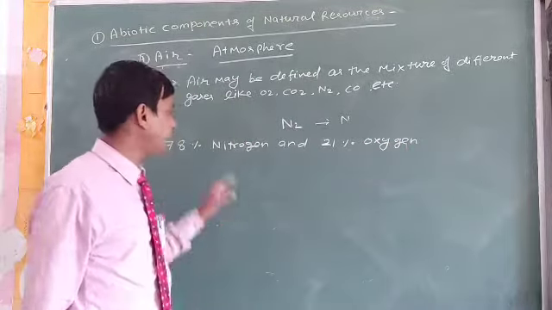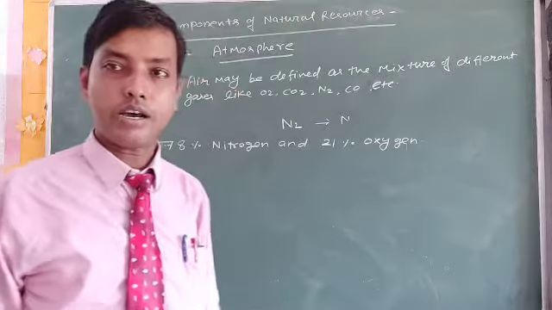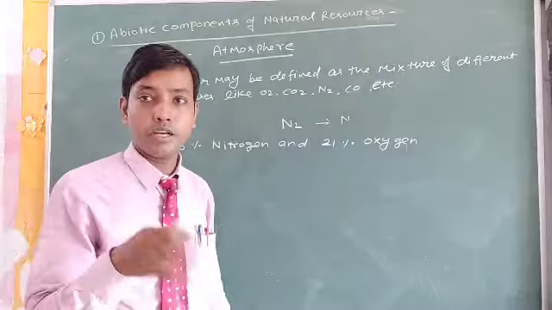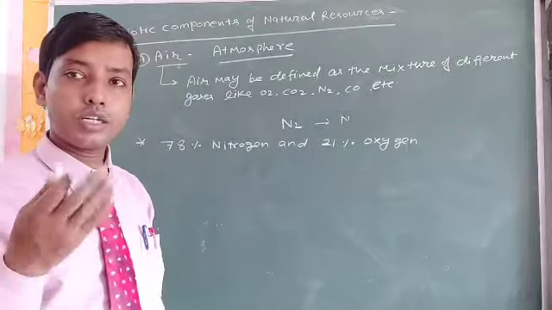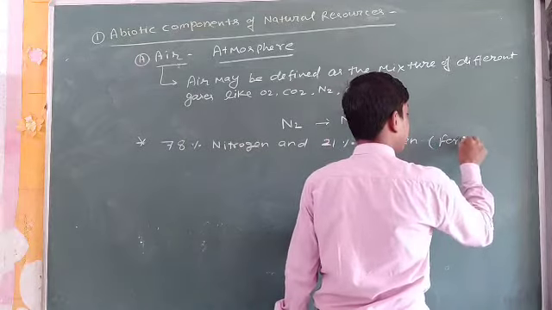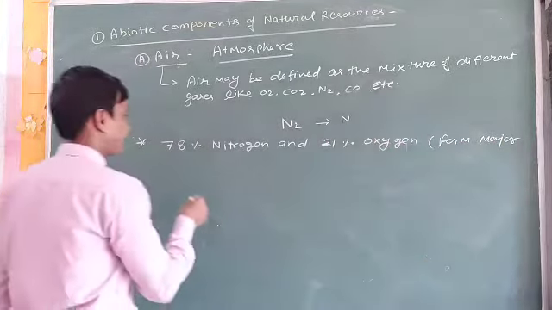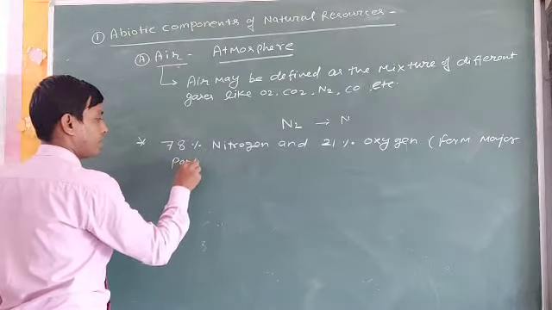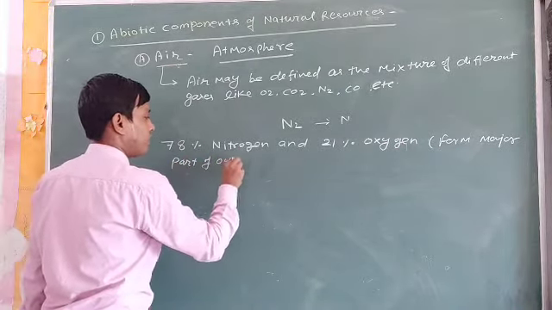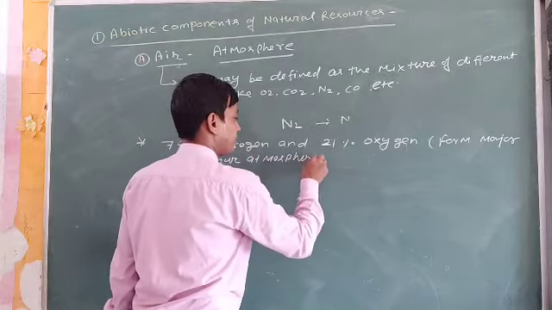Listen, 78% nitrogen and 21% oxygen are the major components of our Earth's atmosphere.